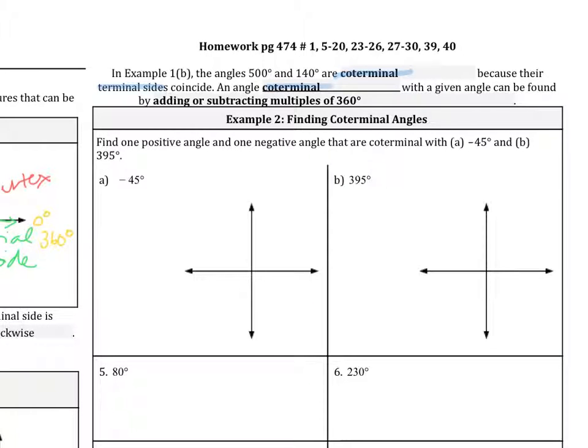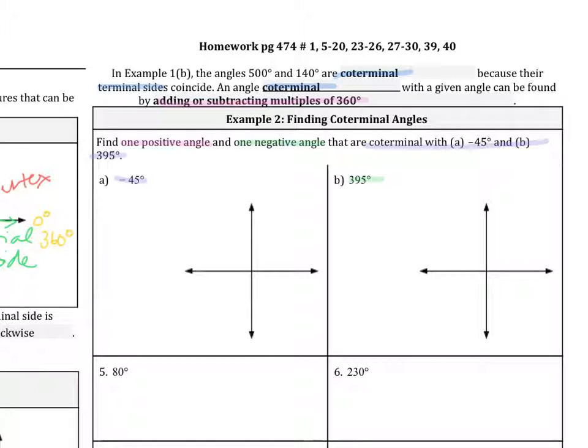An angle coterminal with a given angle can be found by adding or subtracting multiples of 360 degrees, right? One full rotation. So what we're going to do is find one positive angle and one negative angle that are coterminal with negative 45 and 395 degrees. So how do you do that?